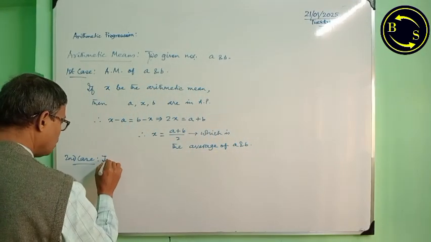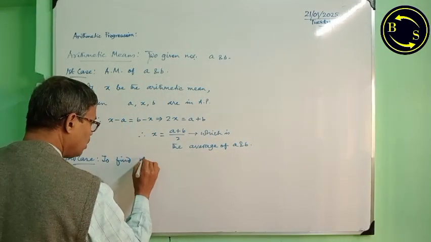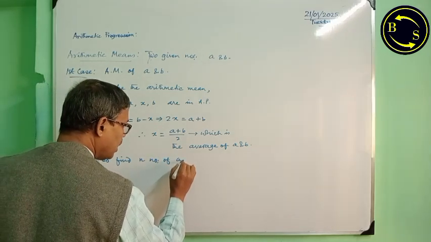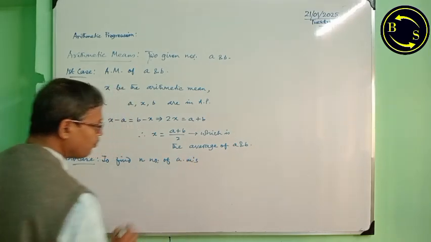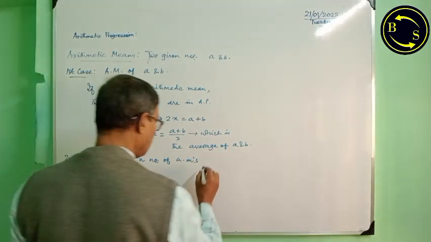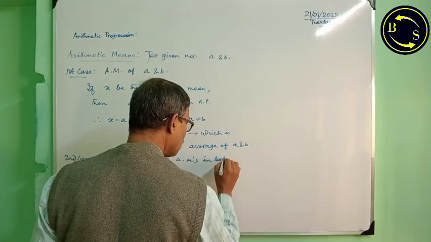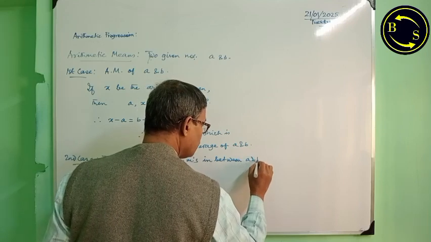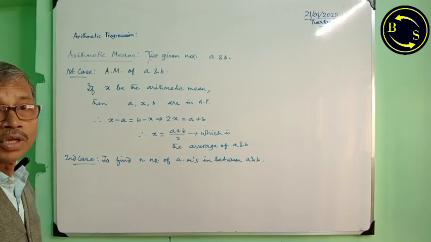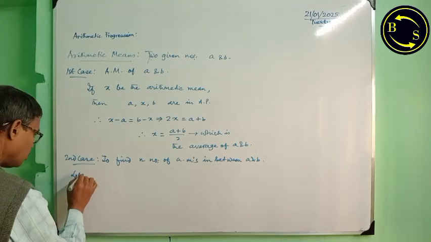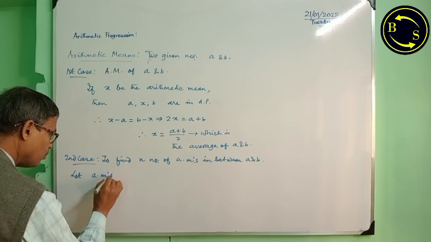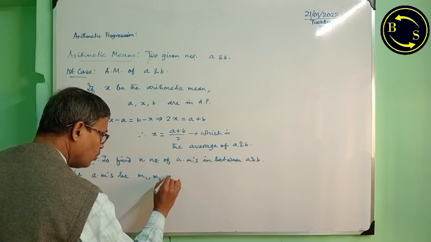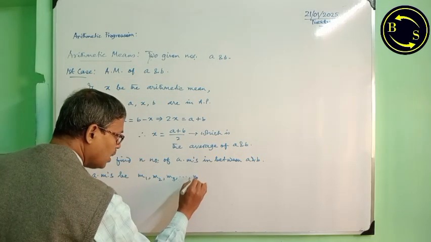To find n number of AMs in between A and B, we are going to find, let the AMs be M1, M2, M3, dot dot dot Mn.